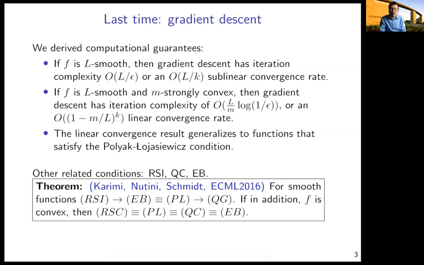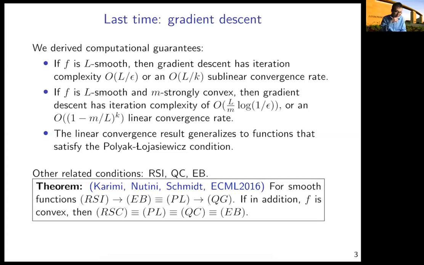So if the function f is strongly convex, then we can establish a faster convergence rate that goes to 0 exponentially as the number of iterations gets larger. So this is in the form of (1 minus m over L) to the power of k.